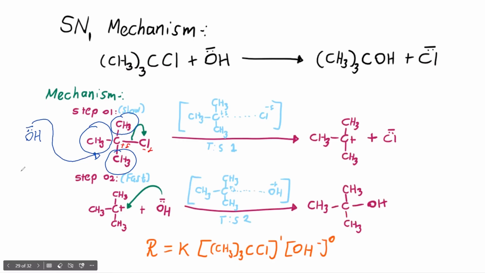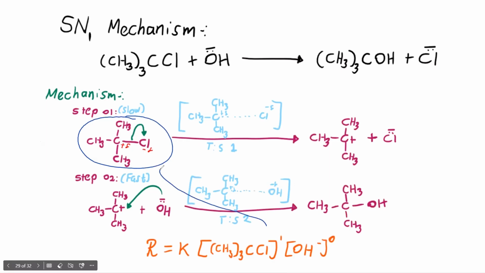So it has to wait until this chlorine atom moves out, creating some space where the OH minus ion can reach this carbon atom. When you have a positive charge, there's space for the OH minus ion to reach. That's why tertiary prefers the SN1 mechanism. SN1 means in the slower step only one reactant takes part. The other reactant cannot take part in the slower step.